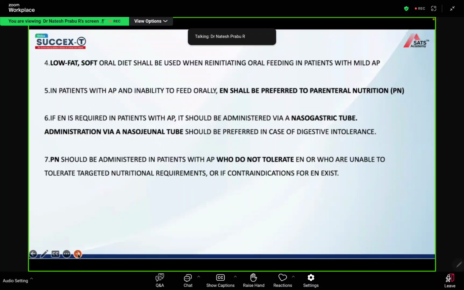So if the patient is not able to take enteral nutrition orally, the nasogastric tube feeding is the most preferred one. And if that is not tolerated, if there is gastric intolerance, probably a nasojejunal tube can also be used. The parenteral nutrition should be administered in patients only in severe acute pancreatitis where they do not tolerate enteral nutrition or we are not able to achieve the targeted nutrition requirements.